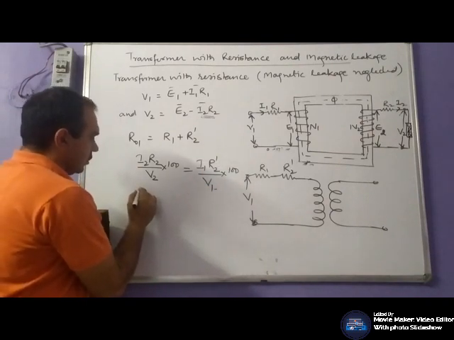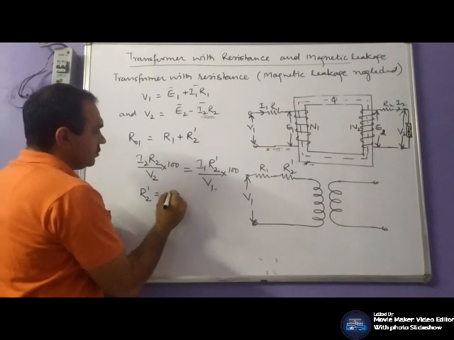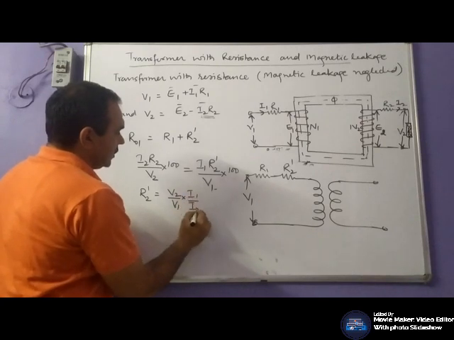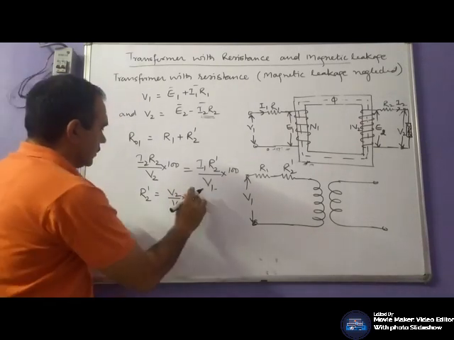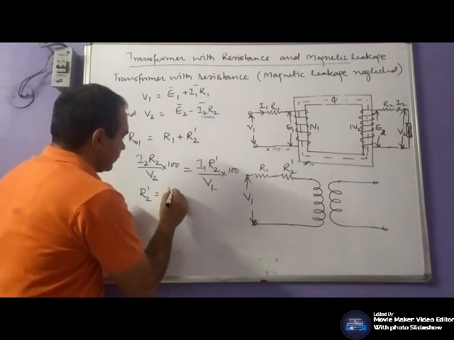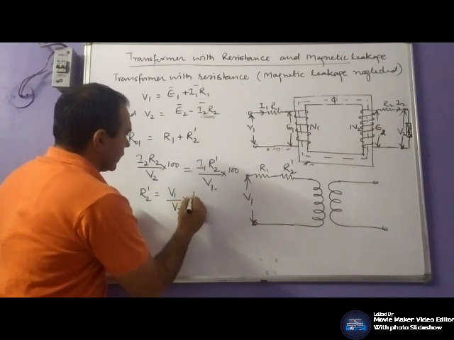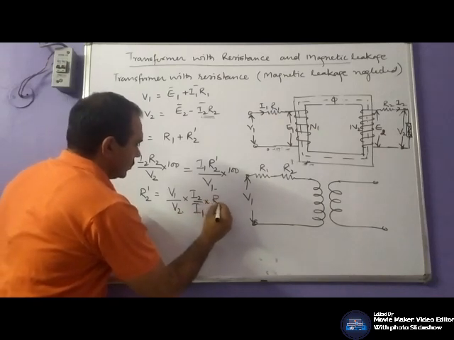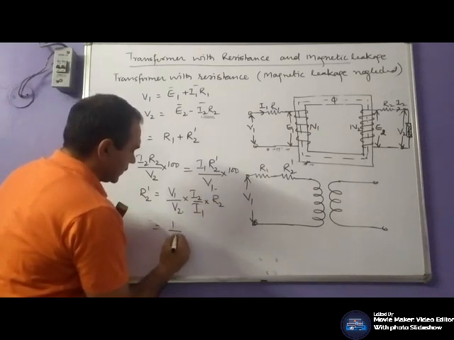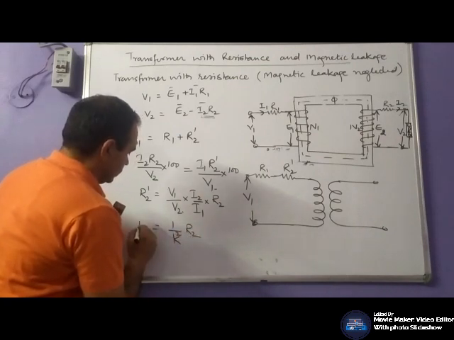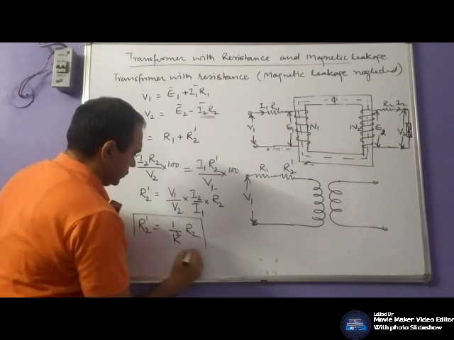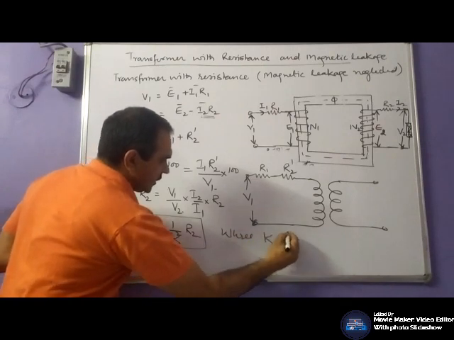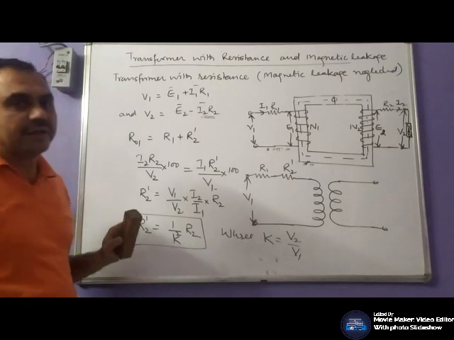Or your R2 dash would be equal to V2 by V1 into I2 by I1, or 1 by K square R2, where K is the transformation ratio V2 by V1.